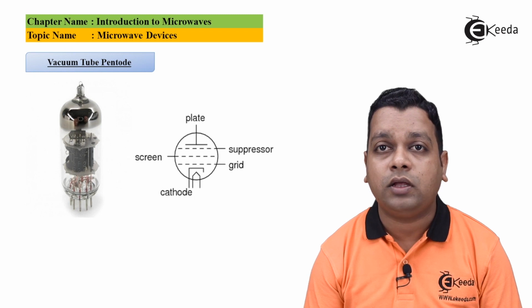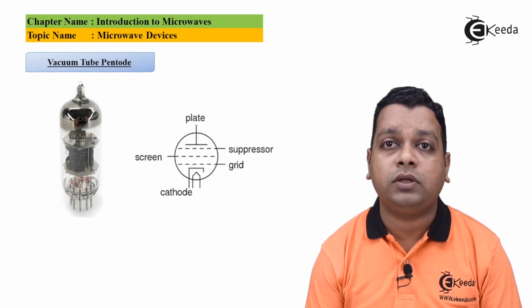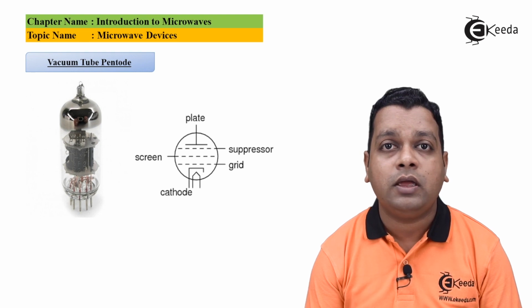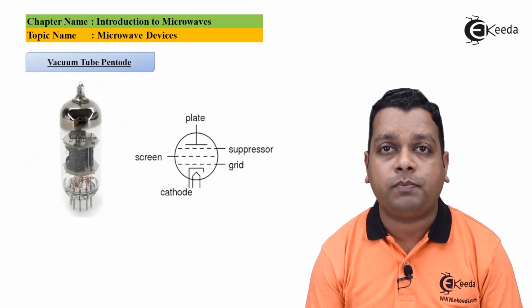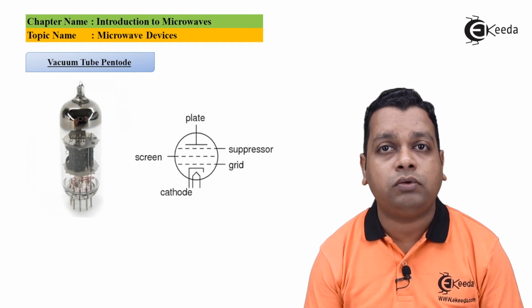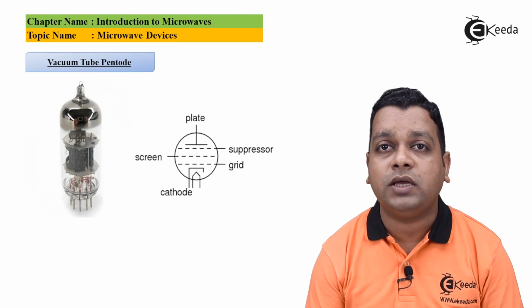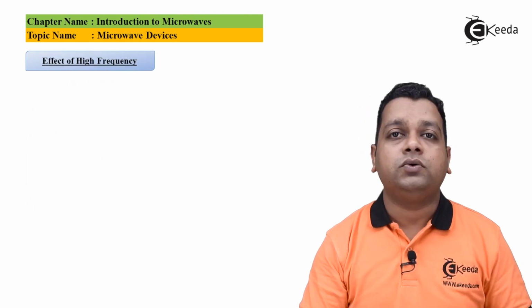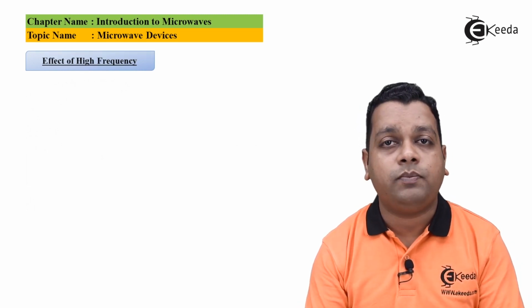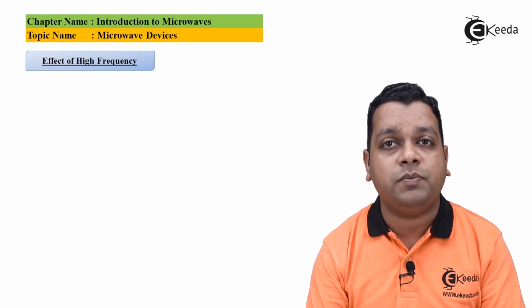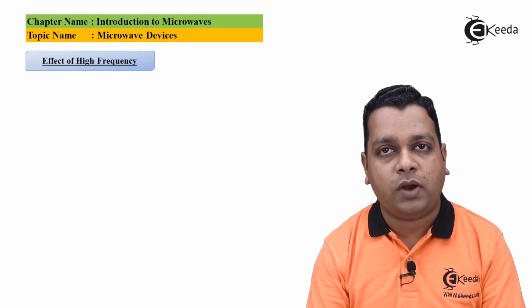Along with the control grid and screen grid, we have the 5th electrode, the 5th terminal, for the purpose of suppression. It is a suppressor to the electron flow from the cathode to the anode. So we call this device a vacuum tube pentode. This way we can have different types of devices based on the vacuum tube platform.